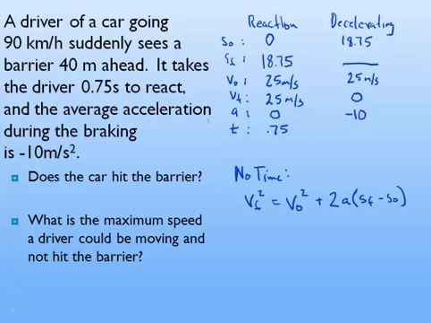And we'll start to fill in some numbers. The final velocity is 0. The initial velocity was 25, and that's squared, plus 2 times negative 10, times the final position, which is what we're looking for, minus the initial position, 18.75 meters.